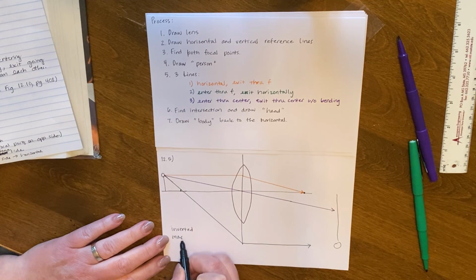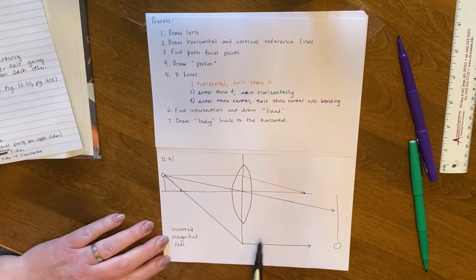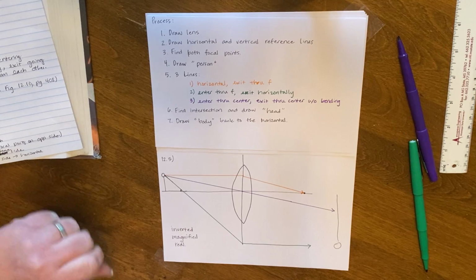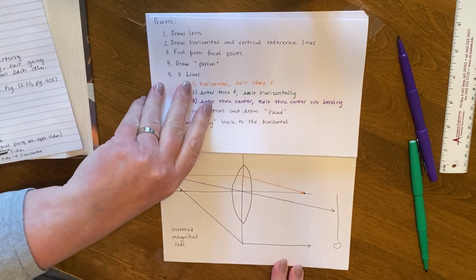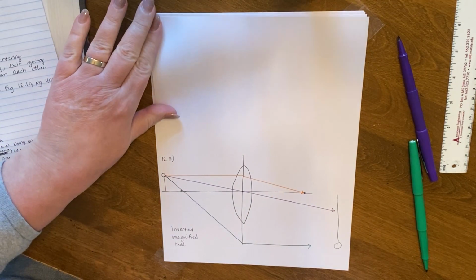It's obviously magnified. And it's real because I didn't have to do any extrapolation. These light rays are all eventually going to intersect down here. Sorry, I made this drawing way too big. But anyway, hopefully you can see how it would look, and you can always look at the example in the book too.